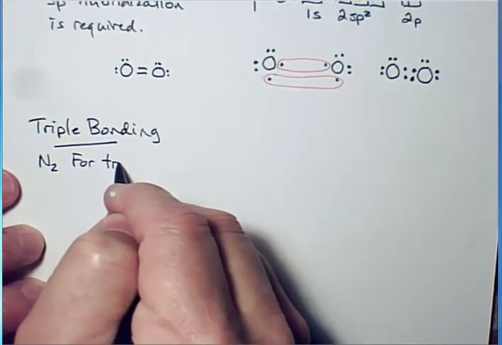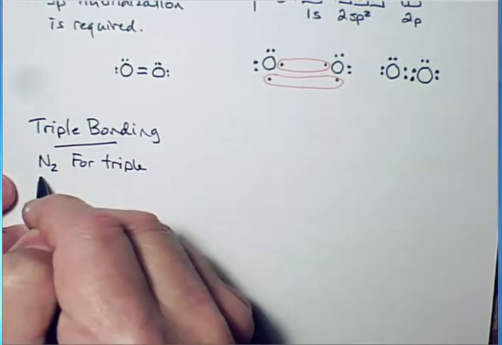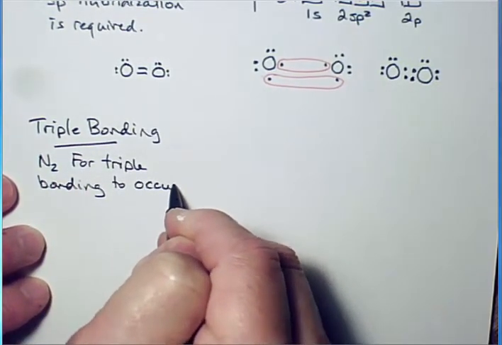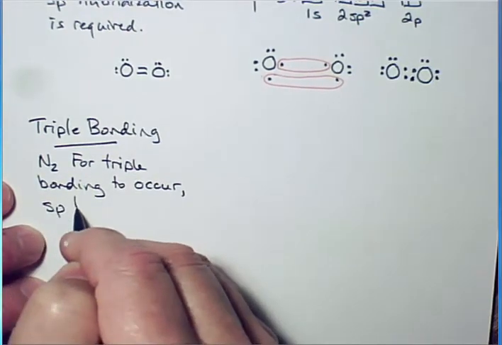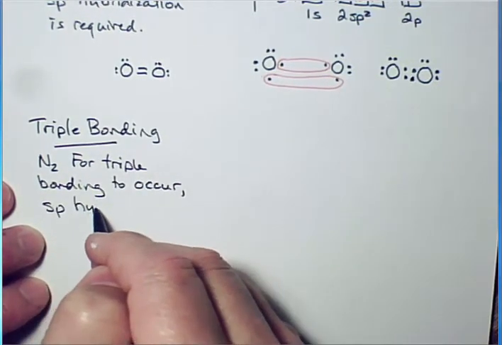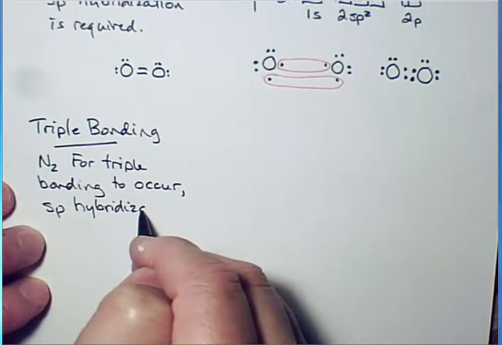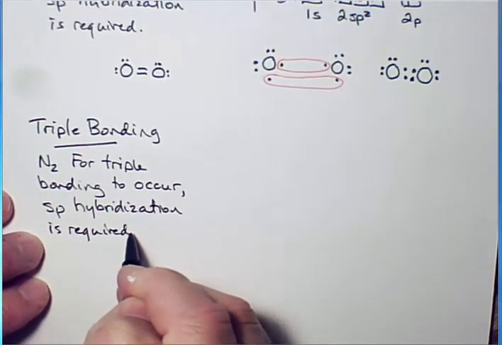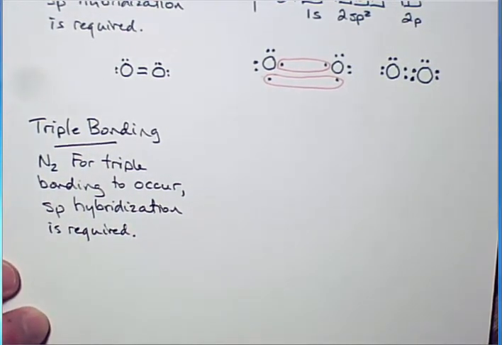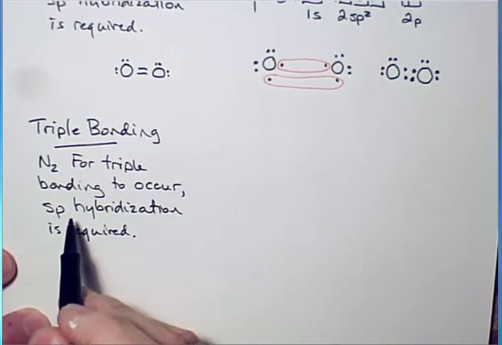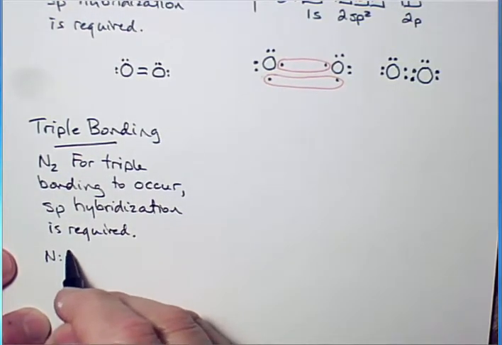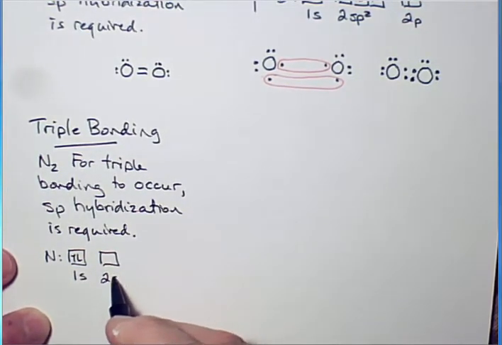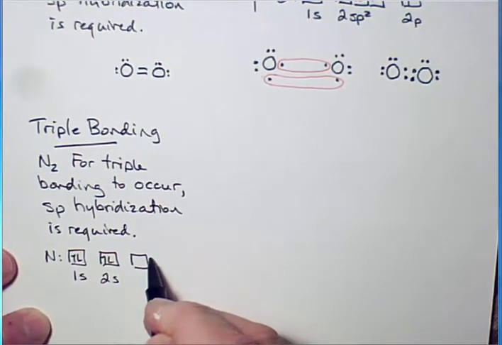But if you're going to have triple bonding, sp hybridization is required. So if we're going to show sp hybridization, the unhybridized form of nitrogen is this.